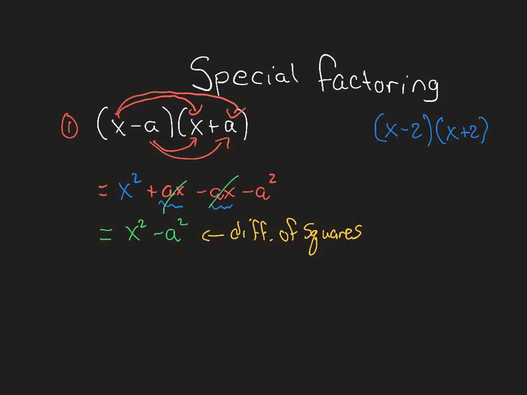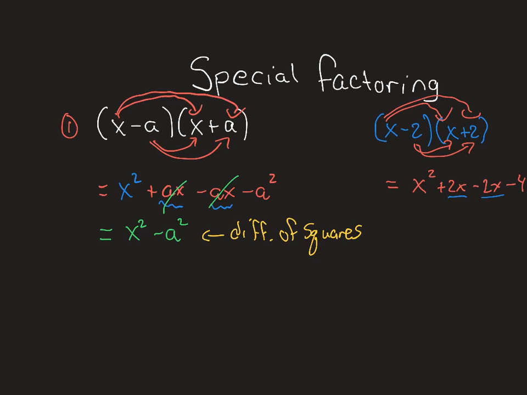Well, once again, you're going to go Pokemon Go on it, catch all those Pikachus, these poor Pikachus, and you're going to end up getting x squared, x times 2 is 2x, minus 2 times x is minus 2x, and minus 2 times 2 is minus 4.